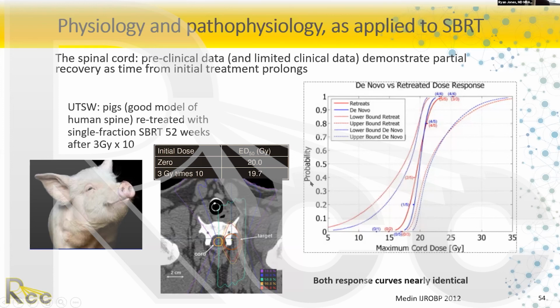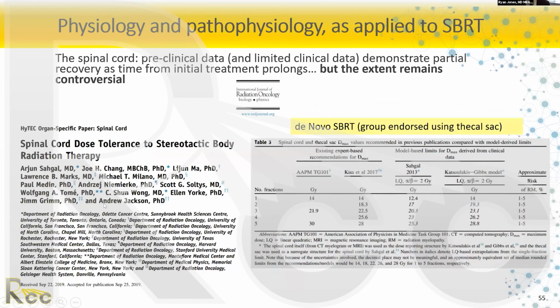That was fascinating. More recently, a group of specialists in this area got together and looped in that prior study. They called this the high-tech organ-specific paper on the spinal cord that came out in 2019, which I encourage you to read.